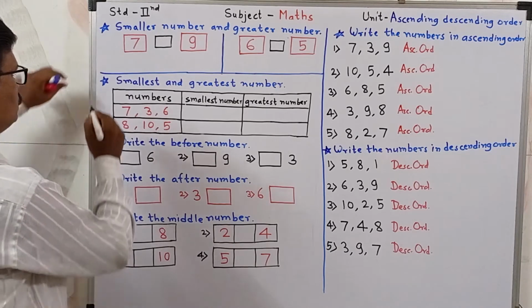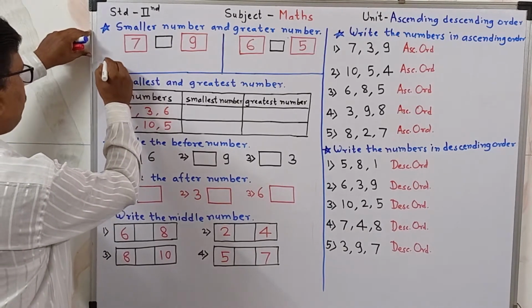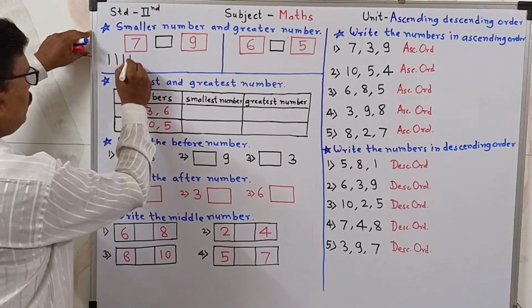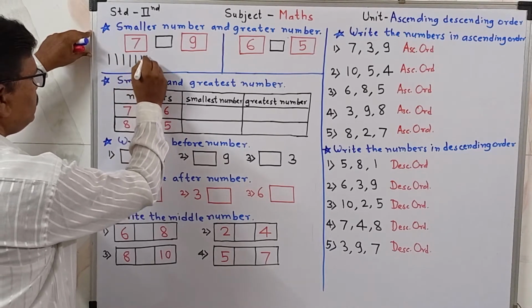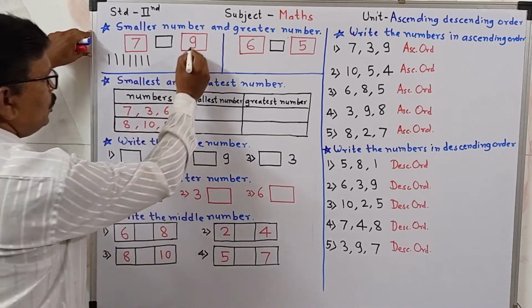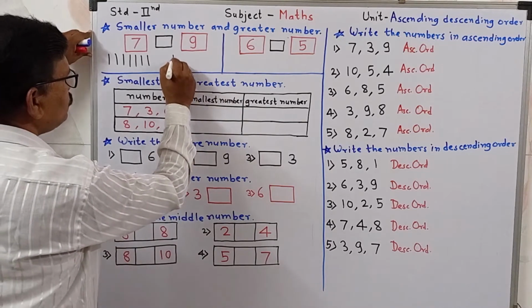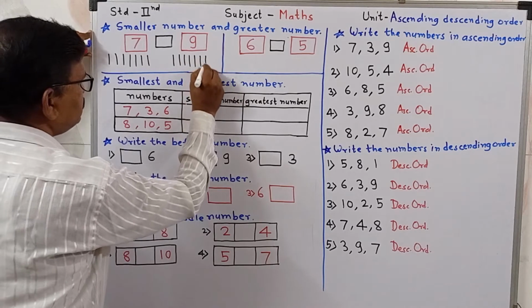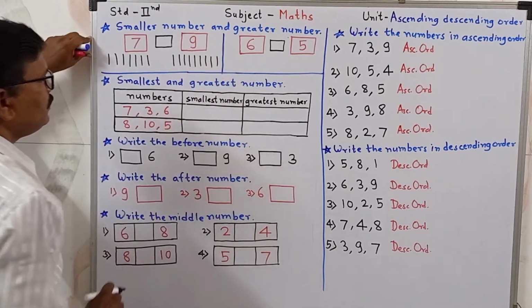7. So draw here 7 lines. 1, 2, 3, 4, 5, 6, 7. 9. Draw here 9 lines. 1, 2, 3, 4, 5, 6, 7, 8, 9.